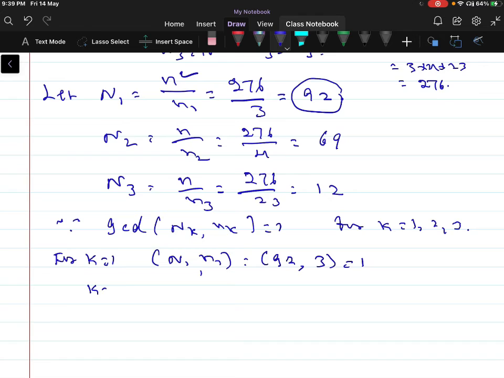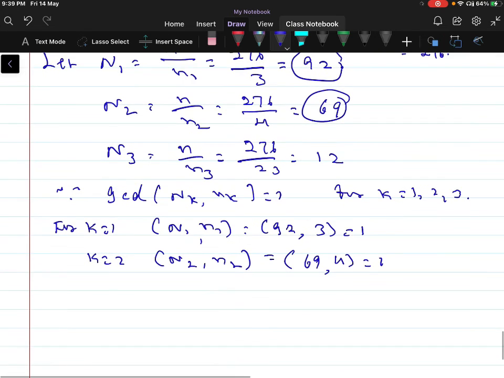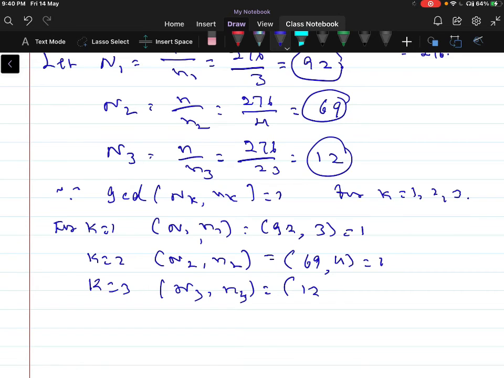Similarly for k equal to 2, GCD of N2 comma small n2, where N2 is 69, comma 4, is equal to 1. For k equal to 3, GCD of N3 comma n3, where N3 is equal to 12, comma 23, is equal to 1.